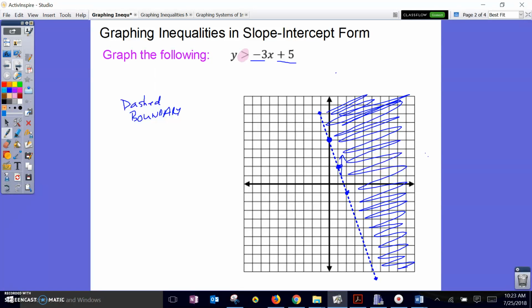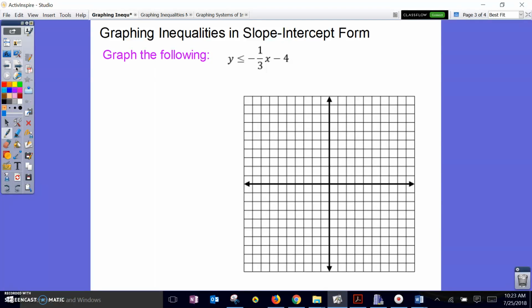All right, next example. Y is less than or equal to negative 1/3 x minus 4. First I look at the inequality sign. That tells me that this is going to be a solid line. And then I'm going to plot the boundary line. Got a y-intercept of negative 4.